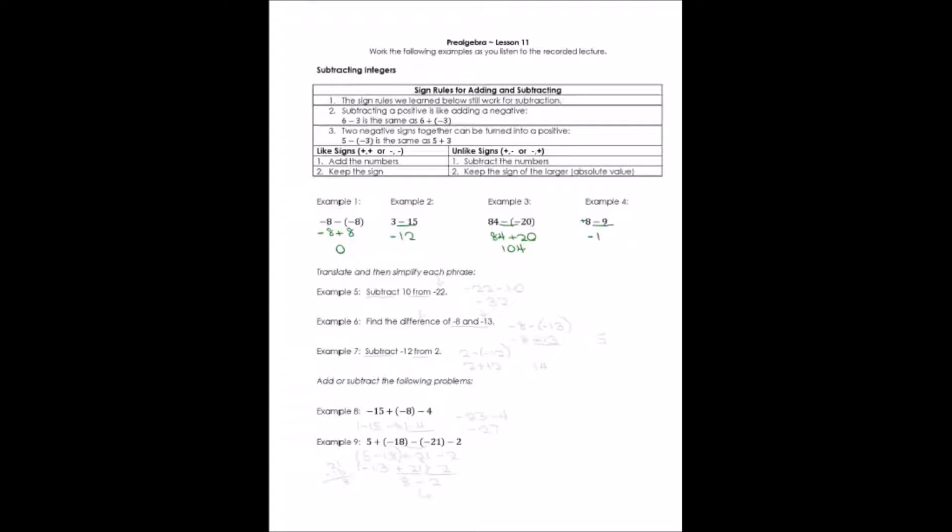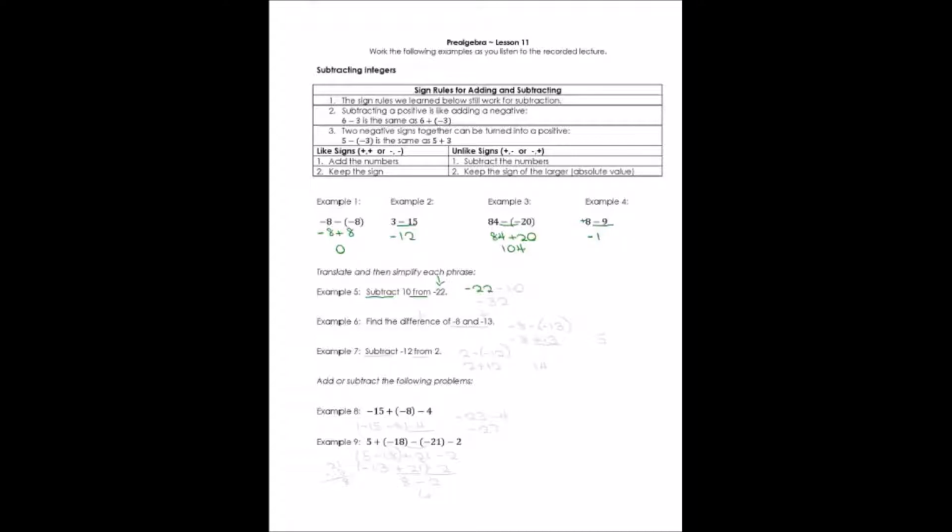Let's do some translation for 5, 6, 7, and see what we can do here. Remember, the translation handout, you should keep that handy until you've got it memorized. We have to remember that in example 5, subtract from translates backwards. Even if the words are not together, subtracted from has to be backwards. So if I say subtract 10 from negative 22, the one I write first is the second one.